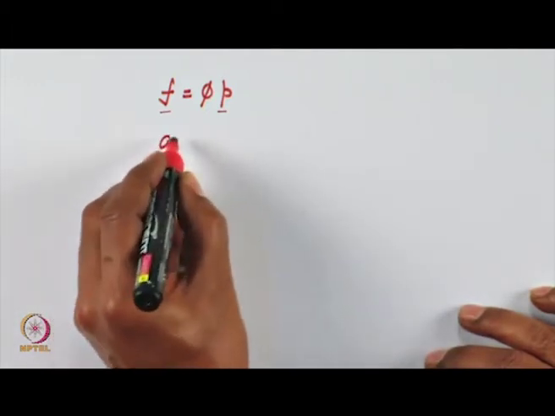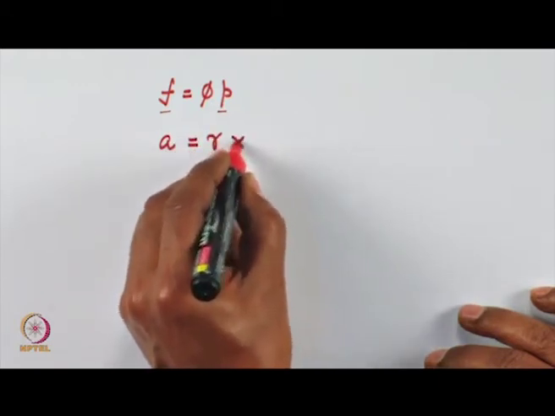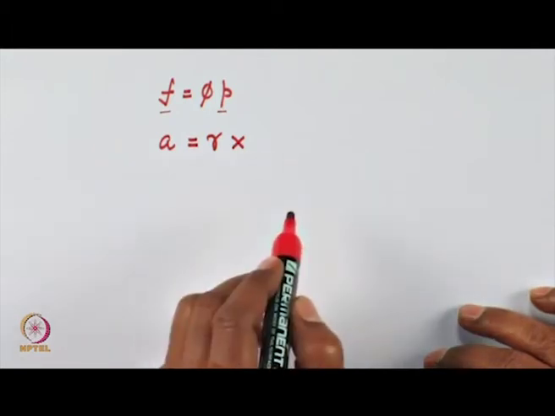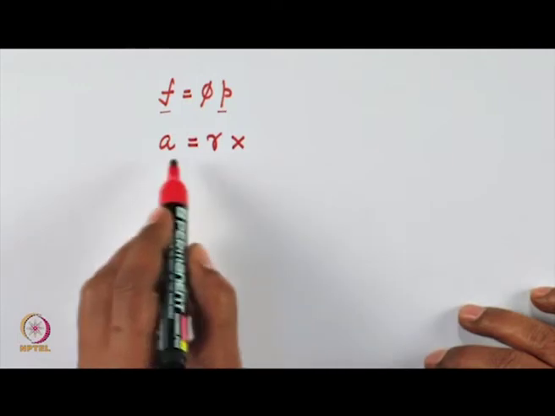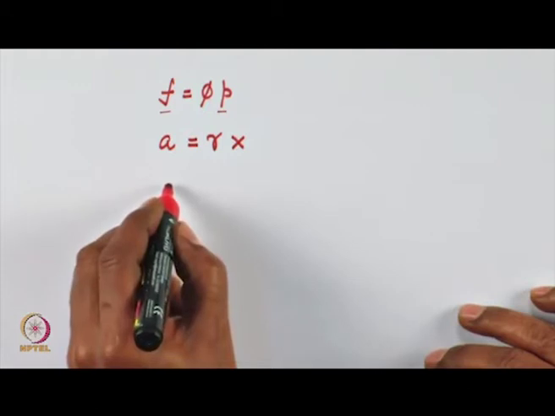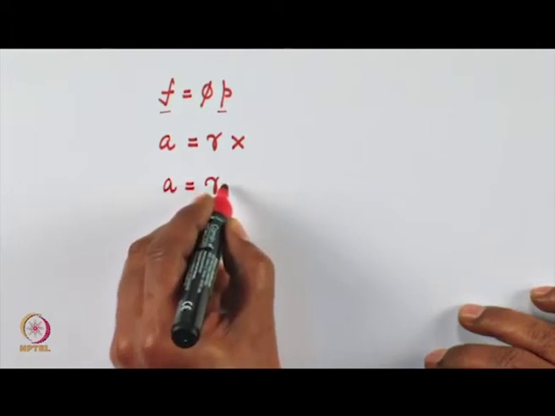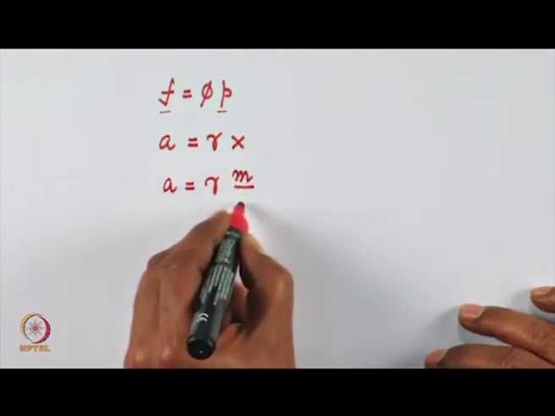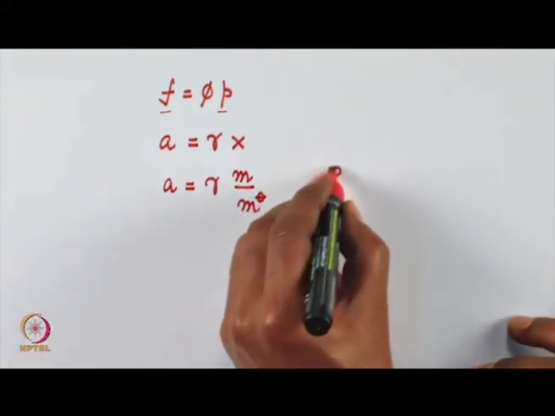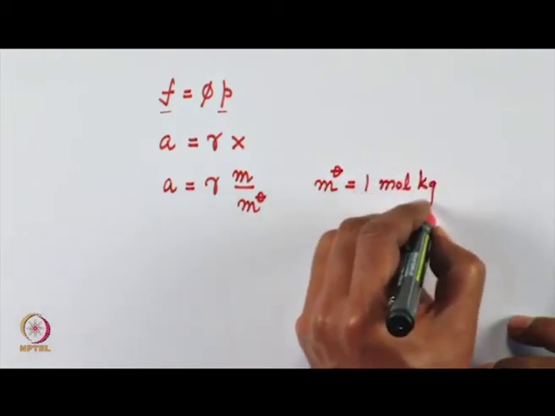When we express activity in terms of mole fraction, activity is equal to activity coefficient times mole fraction. Mole fraction is dimensionless, therefore activity is a dimensionless quantity. And now we are writing activity equal to activity coefficient times m by m naught, where m naught is equal to 1 mole per kg.